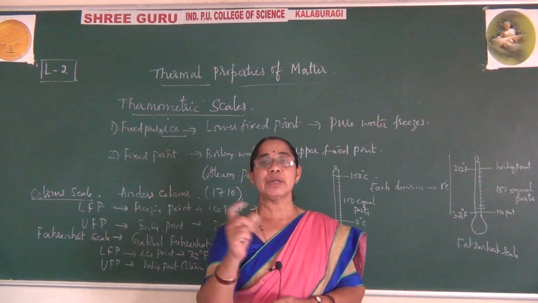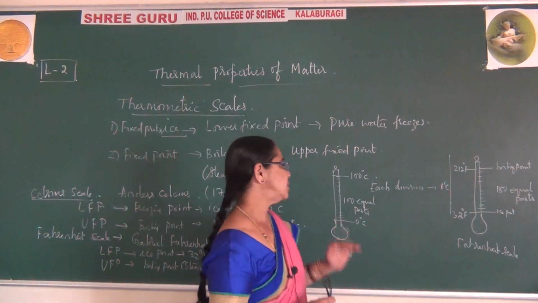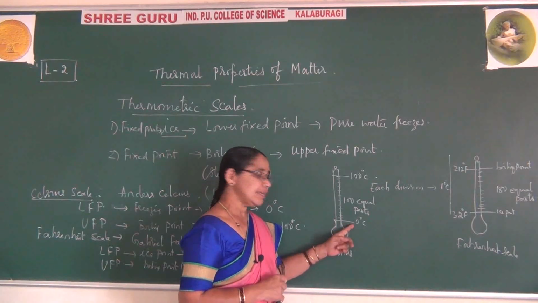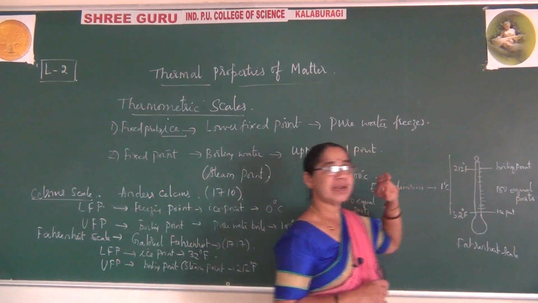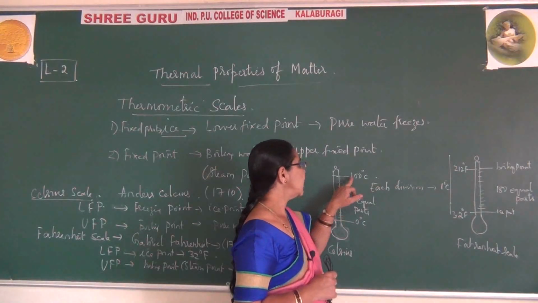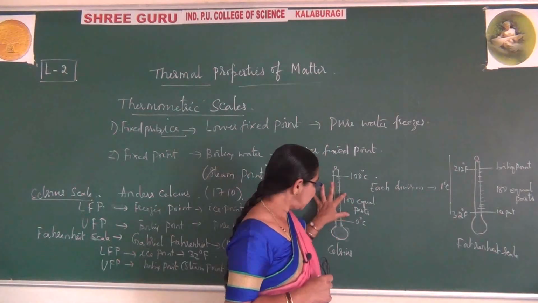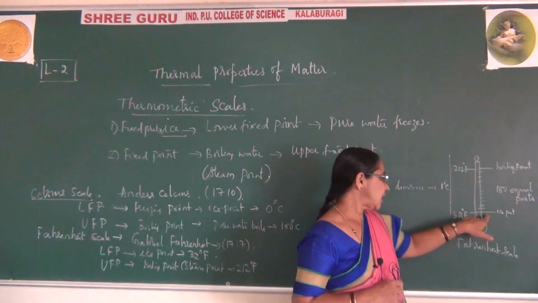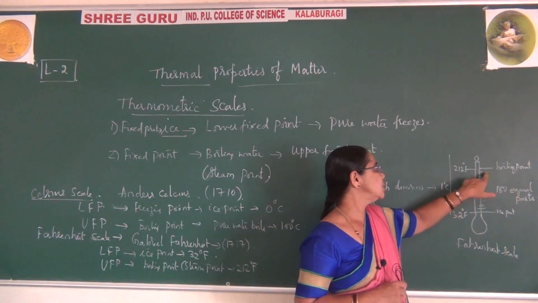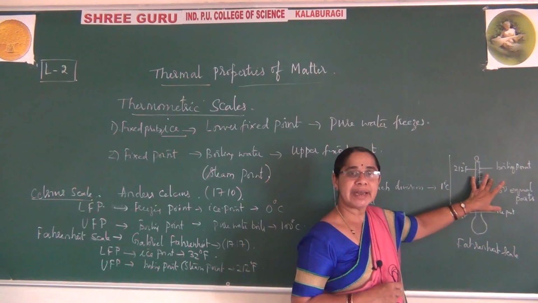Please observe, the ice point and boiling point are there, but here it is 0 degrees, then 100 degrees centigrade, equally divided into 100 equal parts. Here it starts at 32 degrees Fahrenheit, and ends at 212, divided into 180 equal parts.